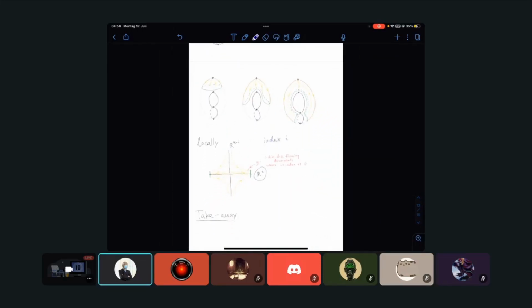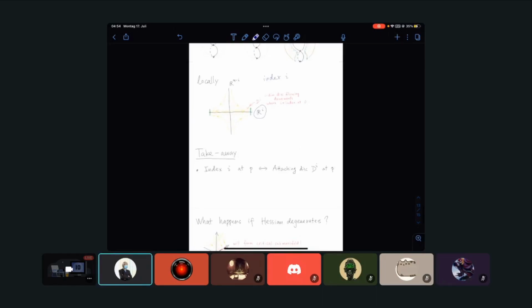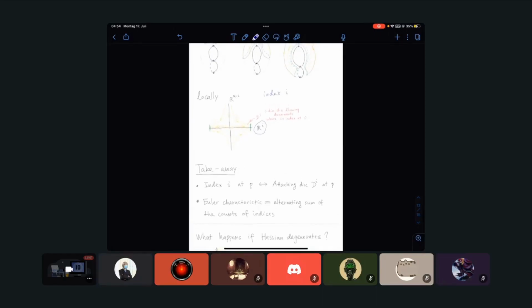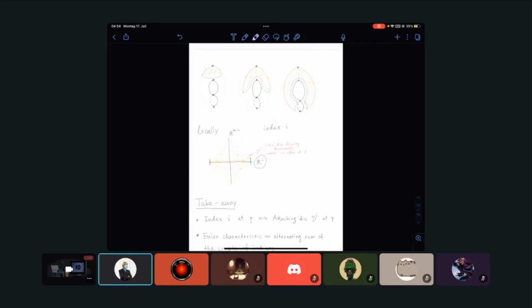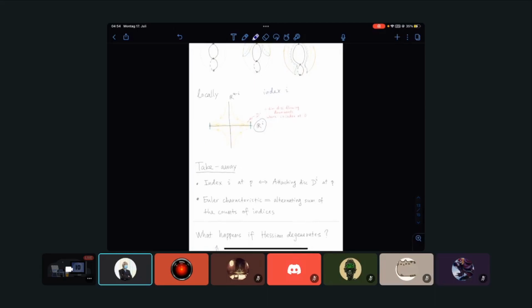So the takeaway is really just that. What I talked about was that one Morse function will give you a cellular decomposition into unit disks of various dimensions.